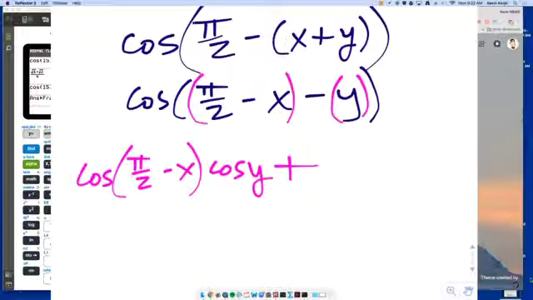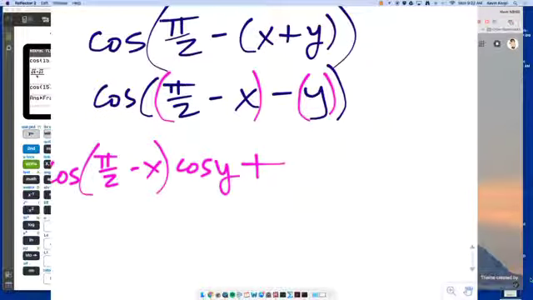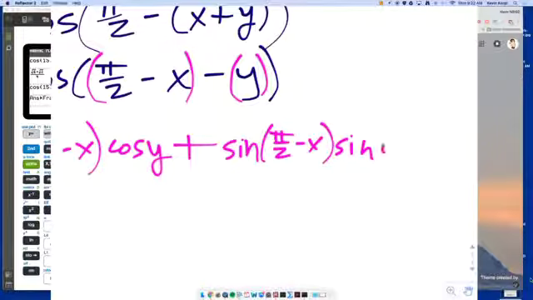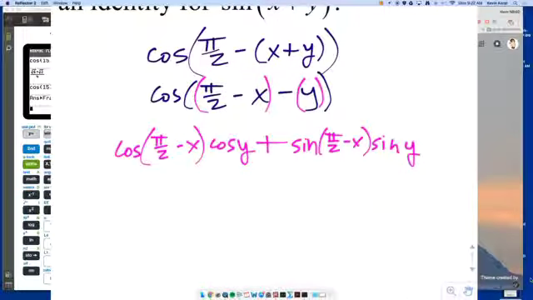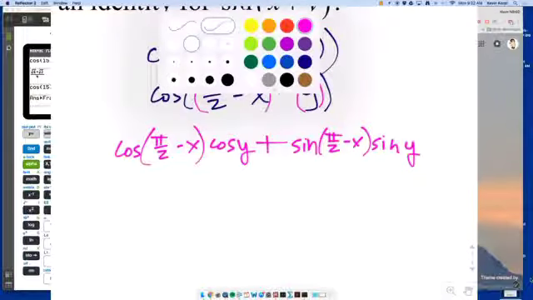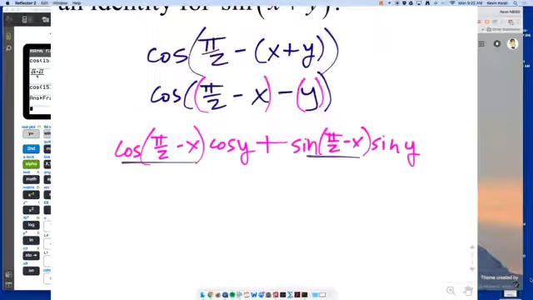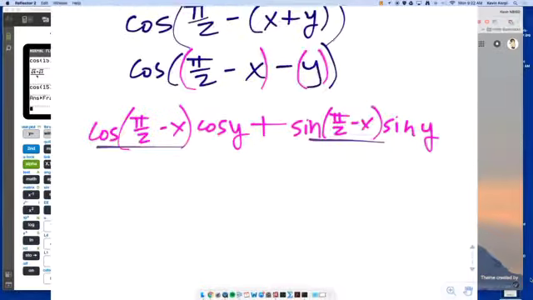And now it's selfless sine's turn. So now it's sine of the first, which is sine of pi halves minus x, times sine of the second. And now the last thing I'm going to do is use the cofunction identities again. What is cosine of pi halves minus x? Sine.